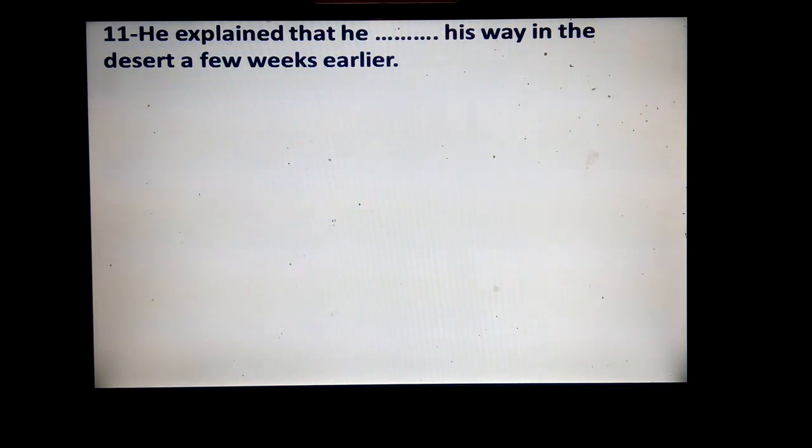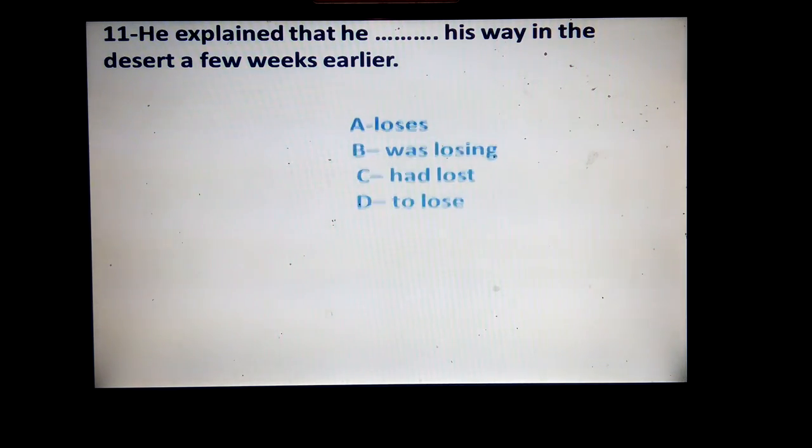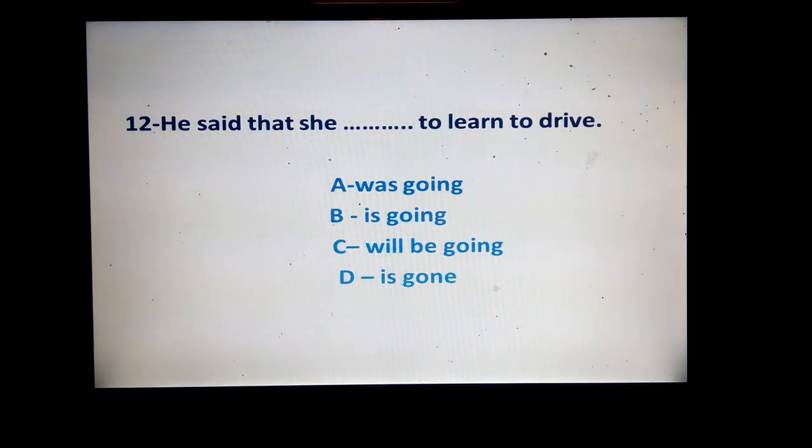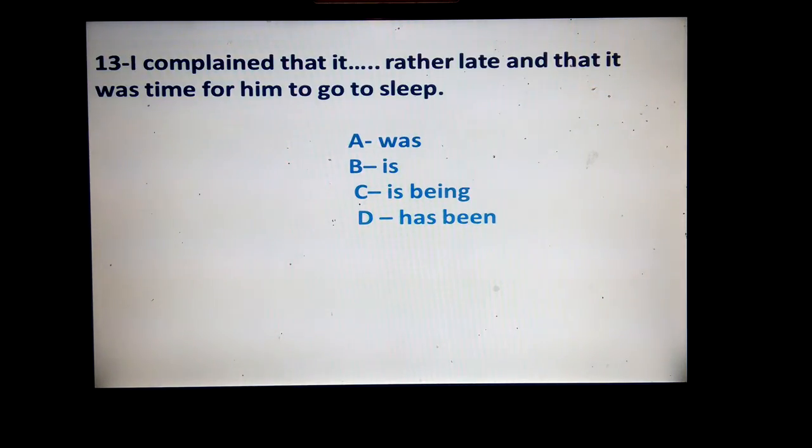He explained that he blank his way in the desert a few weeks earlier. He said that she blank to learn to drive. I complained that it blank rather late and that it was time for him to go to sleep.